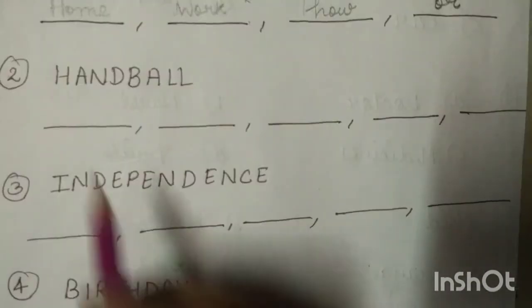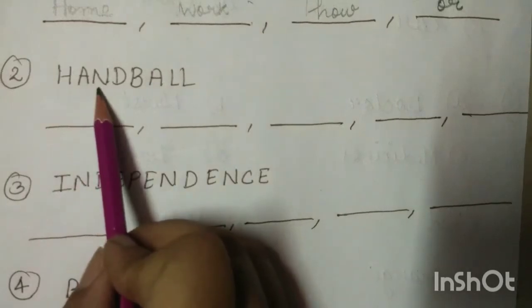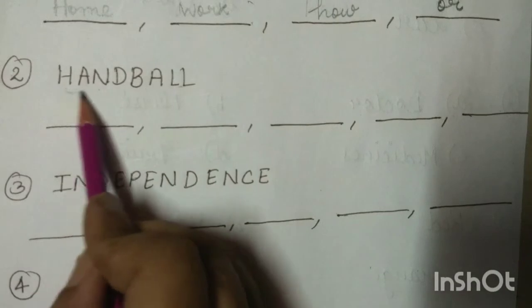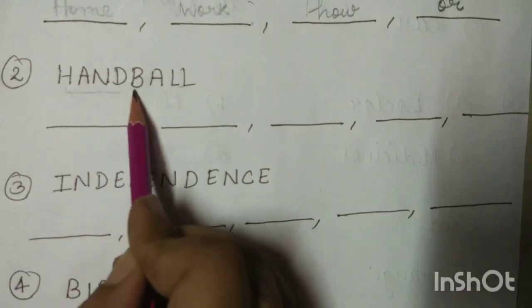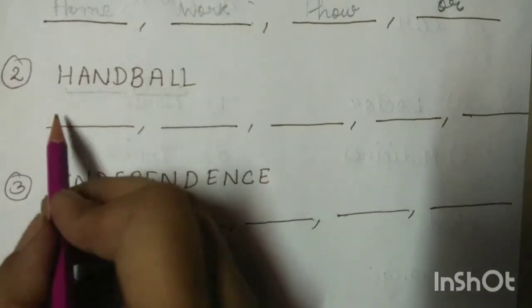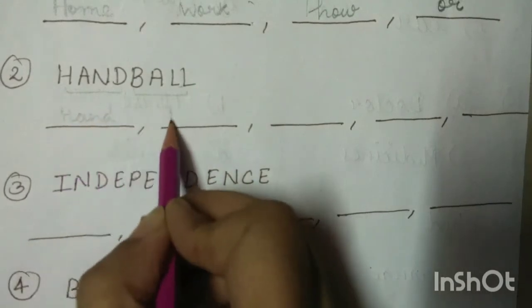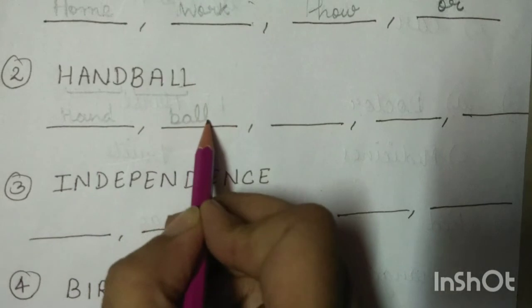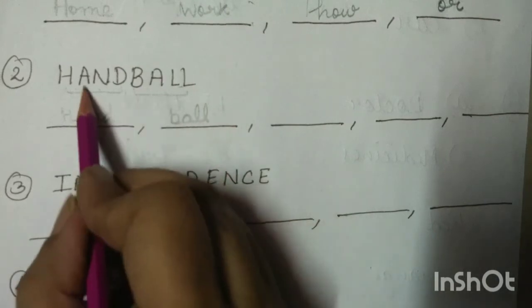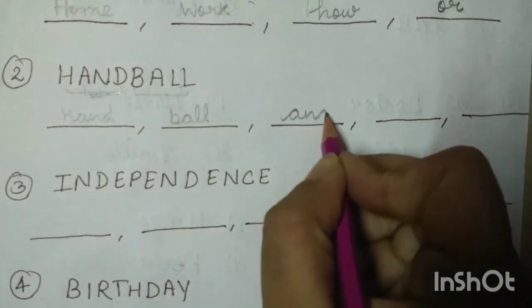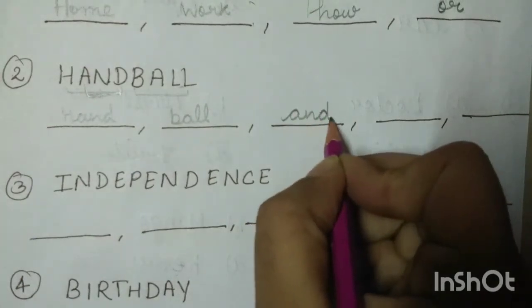Like that way we have to see the second part, which is handball. Hand is one word and ball is another word. We can find these 2 words in it easily. Hand, ball, and next word, and, A and D. Yes, and also has a meaning.